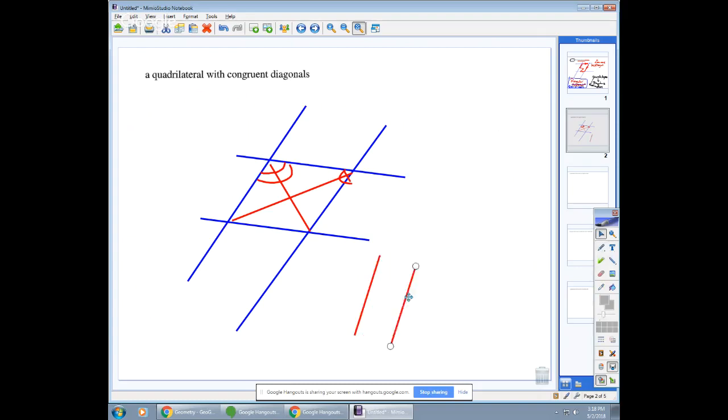Copy, so here, and then maybe right there. Oops, wrong button. Might this one have congruent diagonals?